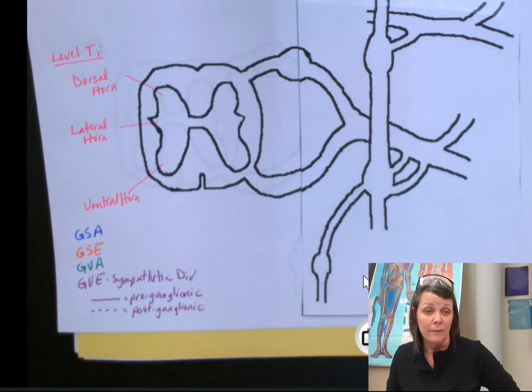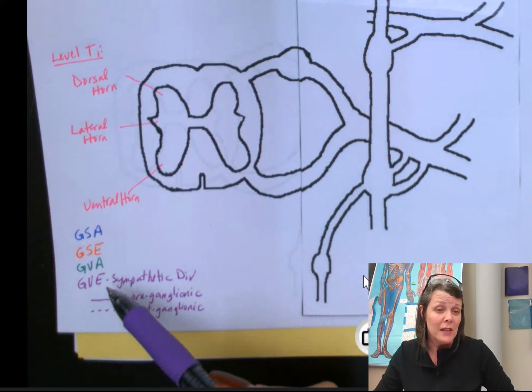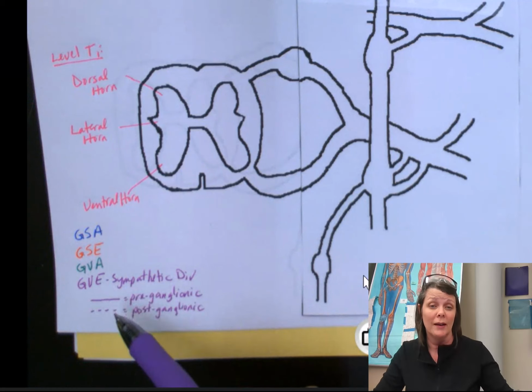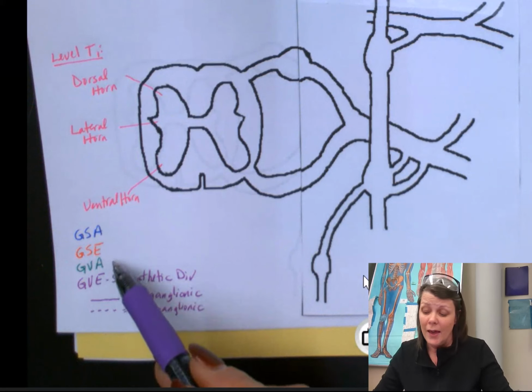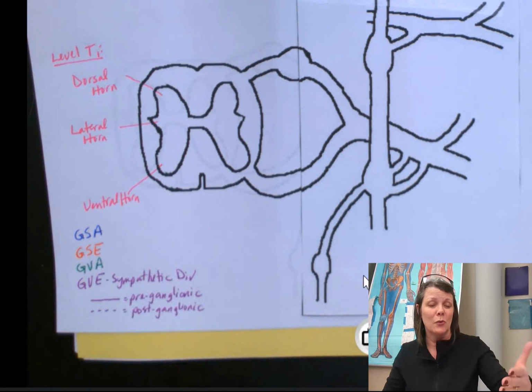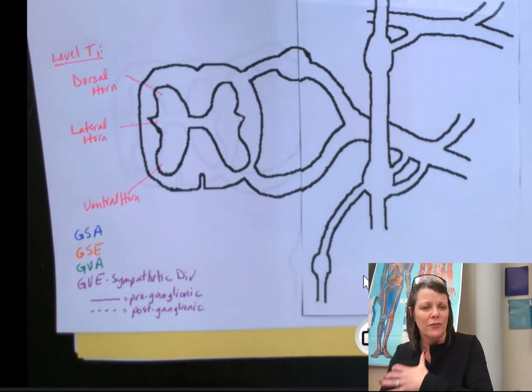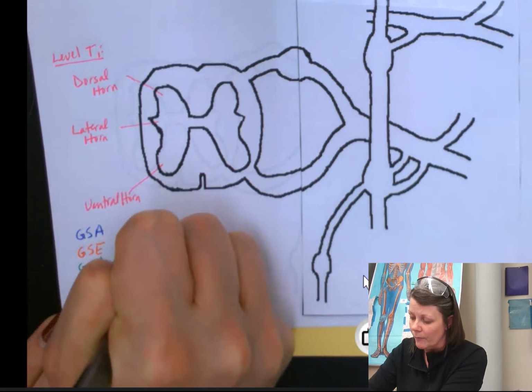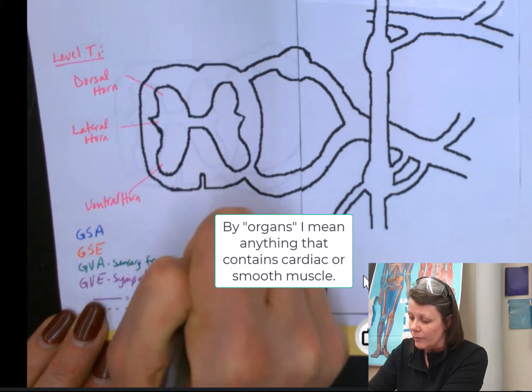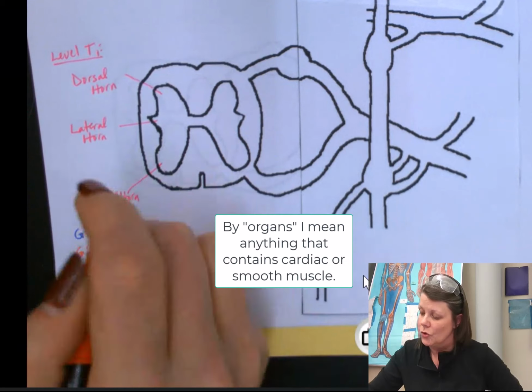That gets me started. We know that GVE is motor to cardiac and smooth muscle and our glands. Yes? GVA is going to be sensory back from any of those types of structures. Okay? So sensory from organs and glands.